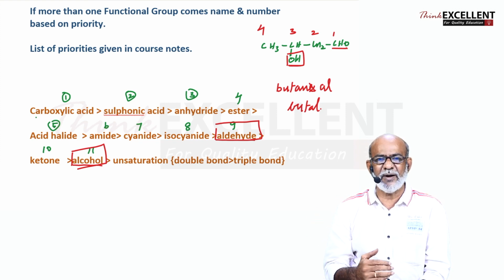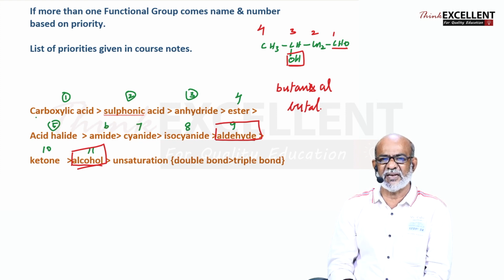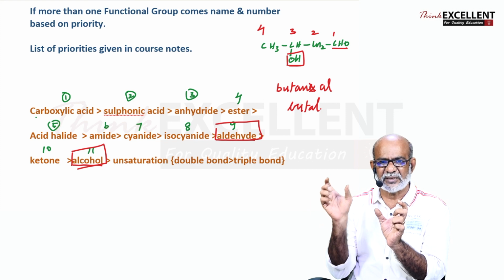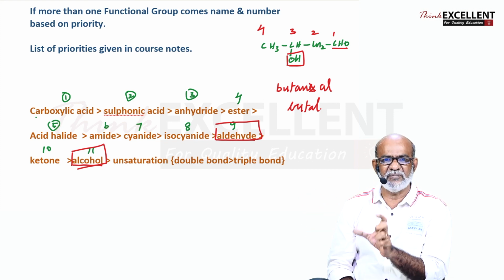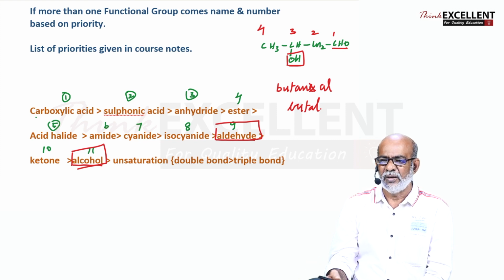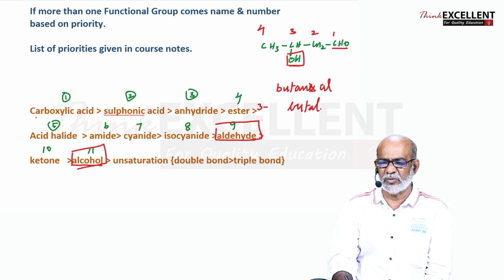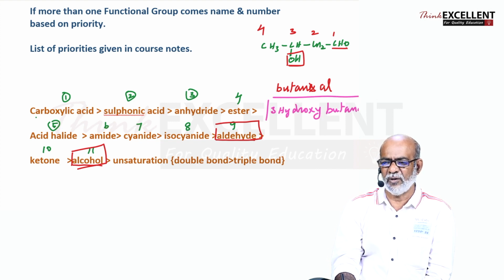But if the same functional group comes as a prefix, you have to change the name: if alcohol comes as suffix it is ol, and if the same alcohol comes as prefix it is hydroxy. Don't forget this. Now the alcohol position, starting from the same place, 1, 2, 3. The alcohol is present at the third place, so you have to mention the position 3. I told you that when alcohol comes as a prefix it is hydroxy. So 3-hydroxybutanal. This is the name for this particular compound.